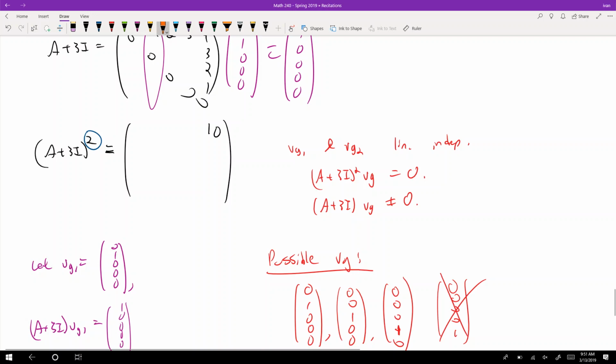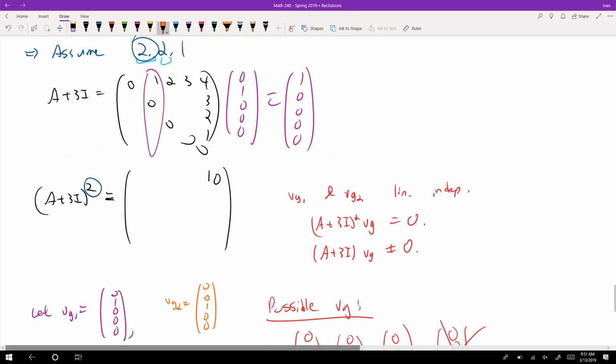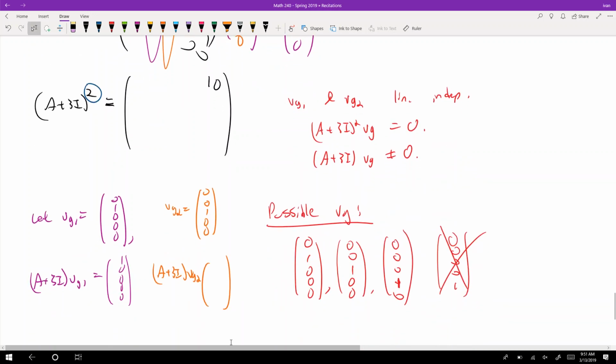Okay, and now if I let VG2 equal 0, 0, 1, 0, 0, what is A plus 3I times VG2? Well, you go up to that matrix and just replace it. And what do you get? Well, now you get the third column, 2, 0, 0, 0, 0. What's the problem there?